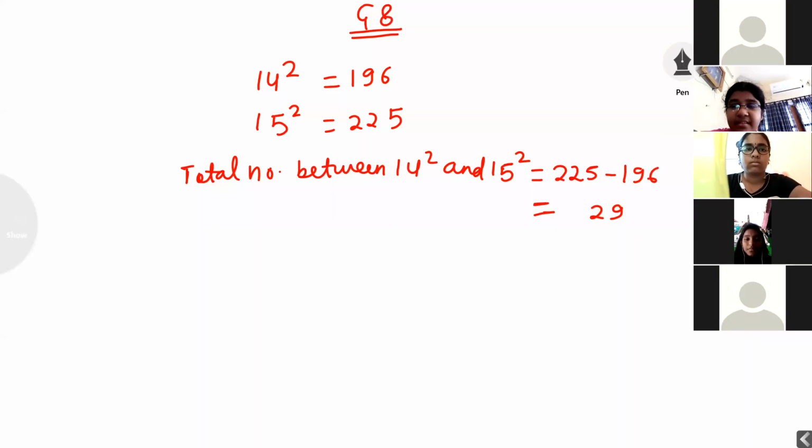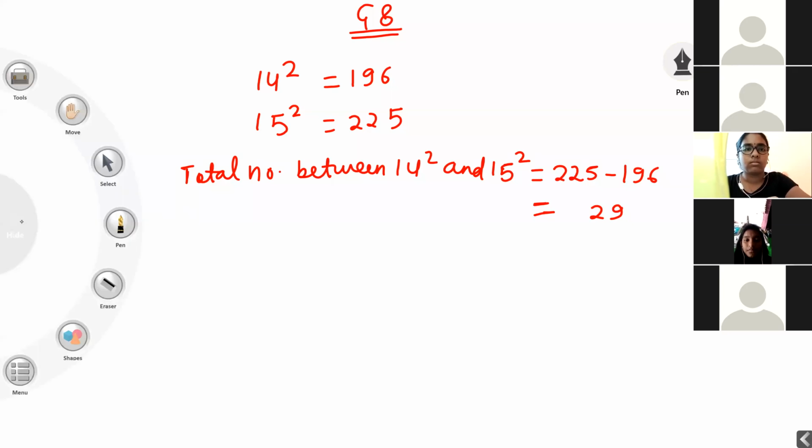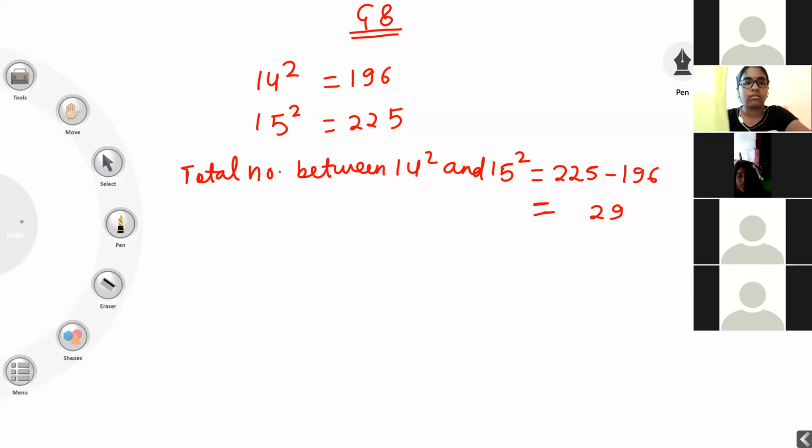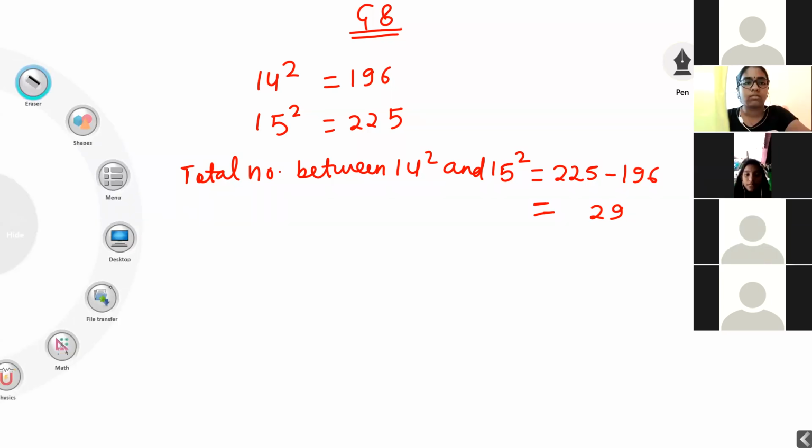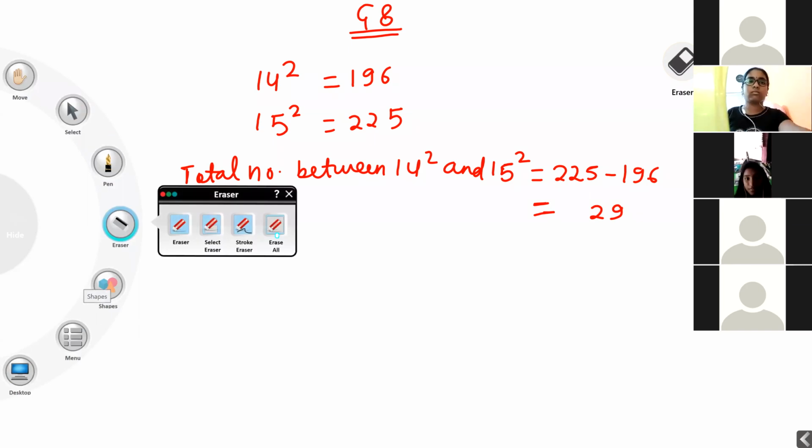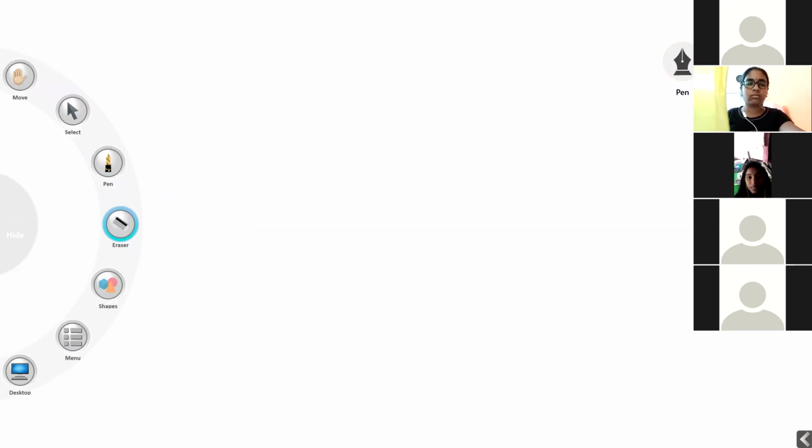Yes. Now keep heading, everyone: 2-digit square.